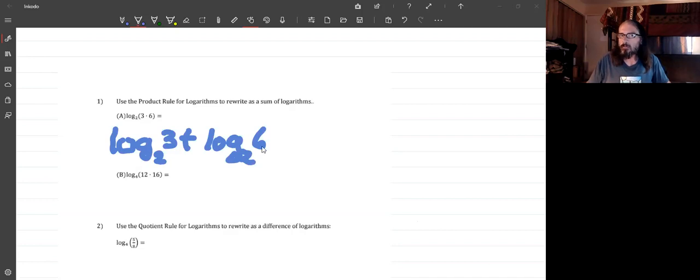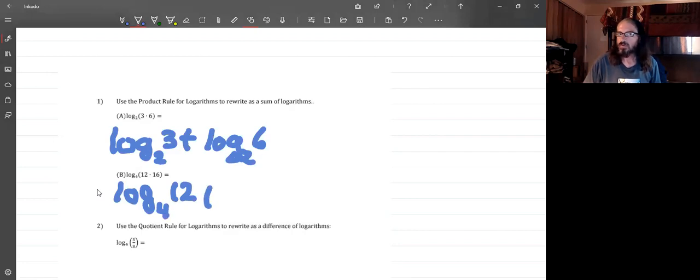So on the next one, I'm not even going to try to figure out what 12 times 16 is, although I could if I wanted. But let's see here. Log of 12 times 16 in base 4. I'm going to split that up as the log of 12 in base 4 plus the log of 16 in base 4.